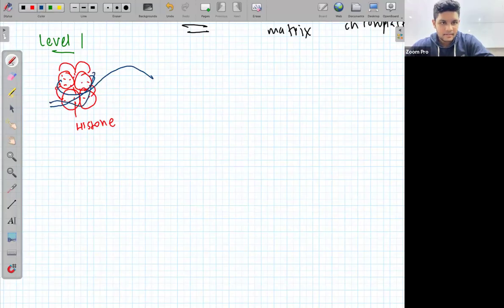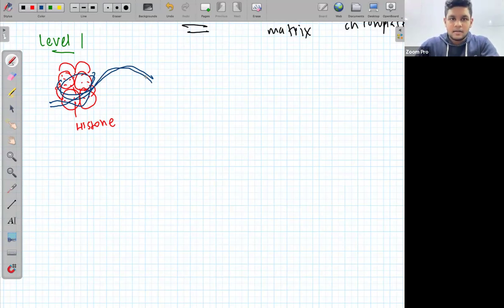Completely winding, but don't think it will wind completely to cover the histone proteins. No, it will be just winding around it.